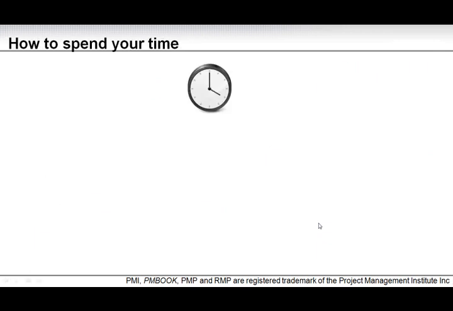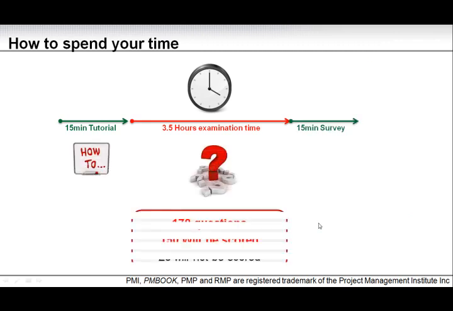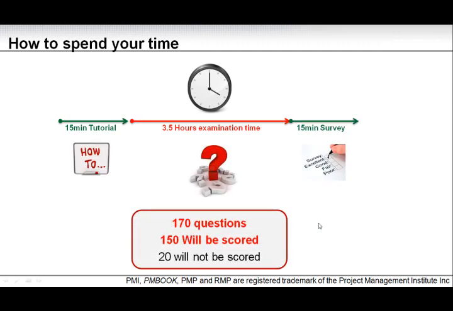So that brings us to the topic: how to spend your time. As you remember from the previous lessons, you have 3.5 hours of examination time. Before that, you have the tutorial. Since you are most likely familiar with the exam software, you should not need 15 minutes to go through that tutorial.